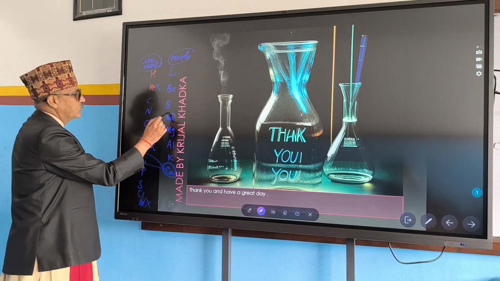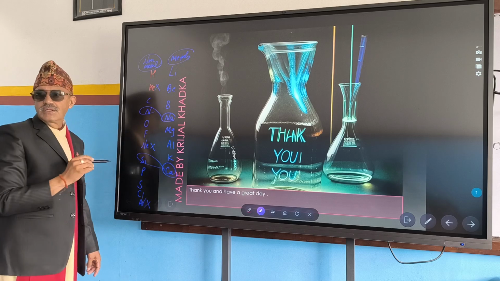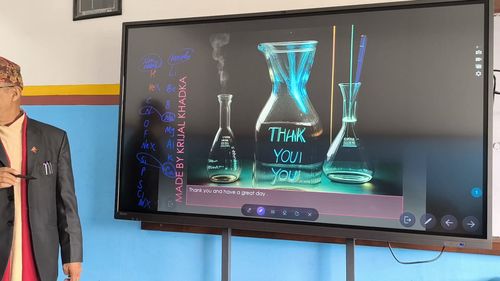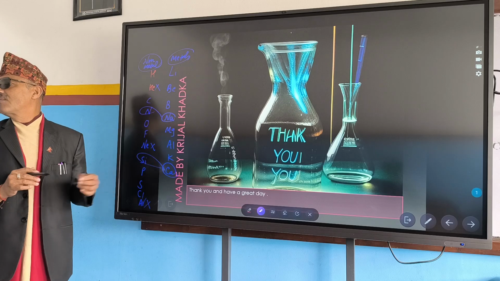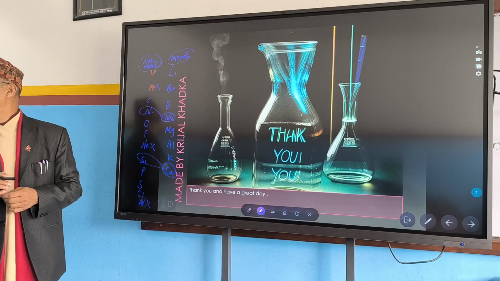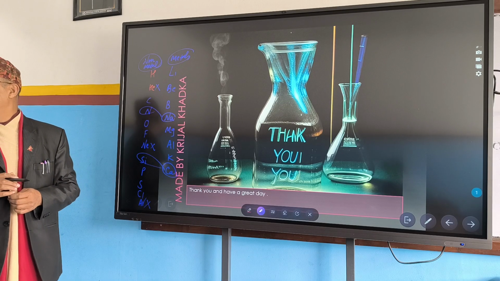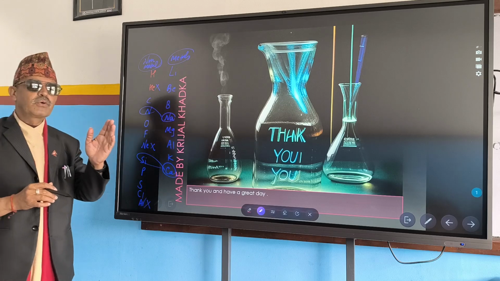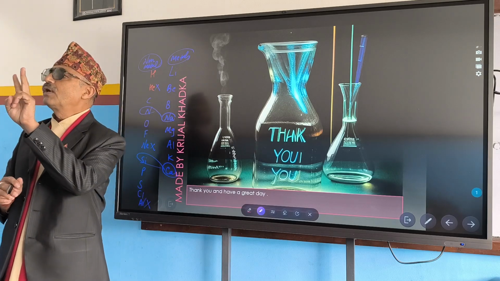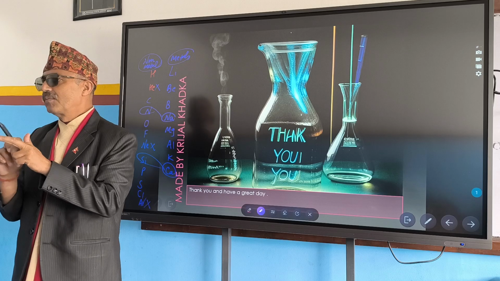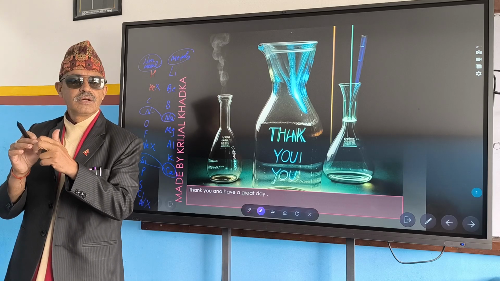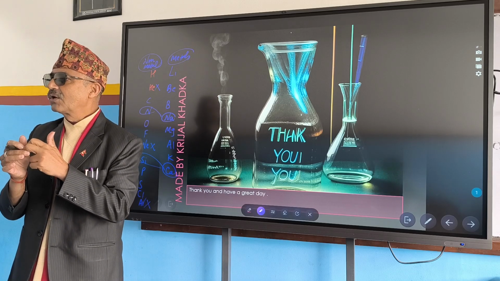If there is a bond between sodium and nitrogen, electrovalent bond. First metal, second non-metal. Such a type of bond is called what? Electrovalent bond. In an electrovalent bond, there are two elements. The first element is metal, the second element is non-metal. Make your concept clear.